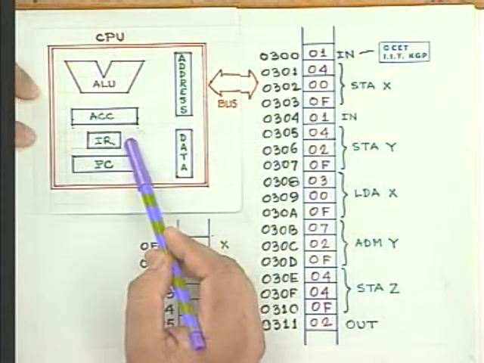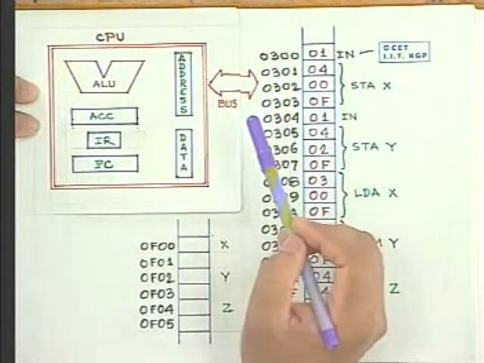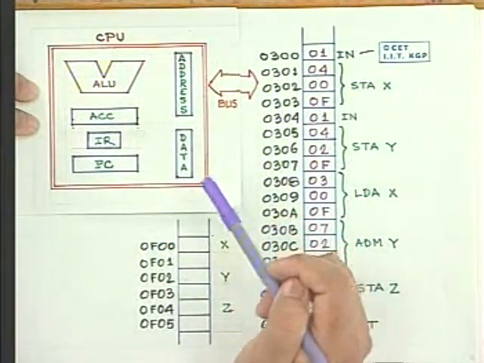Therefore, the instruction cycle, so to say, consists of two parts. One we call instruction fetch, another we call instruction execution. Now we'll see that this instruction execution itself will take several sub-steps before that instruction can be executed.